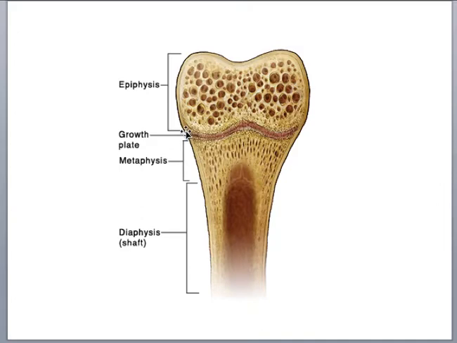But if you're an adult over 25 years of age, this epiphyseal plate will no longer be hyaline cartilage, but it will have been replaced with bone. Okay, and that's why you stop growing after a certain age, because you don't have any more cartilage right here left. It's been replaced by bone. So again, epiphysis, diaphysis, epiphyseal plate in between.